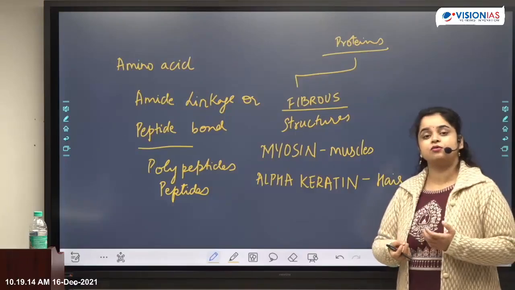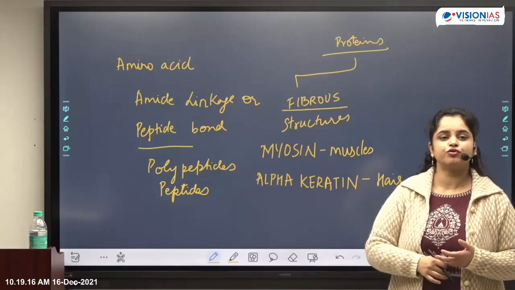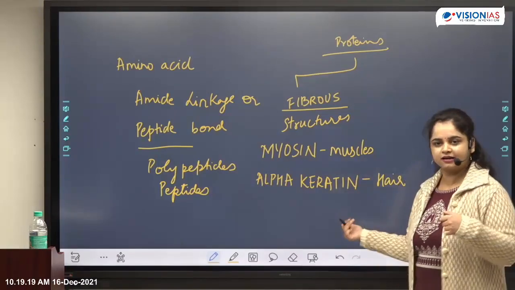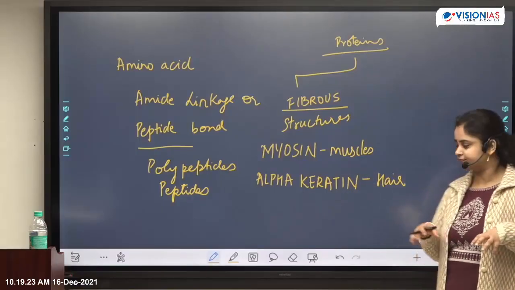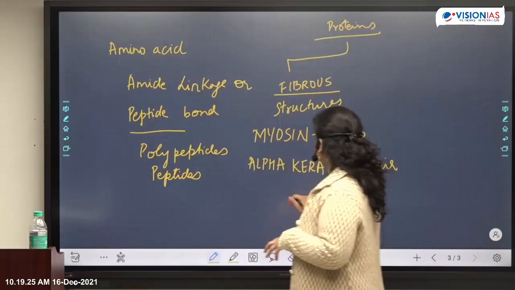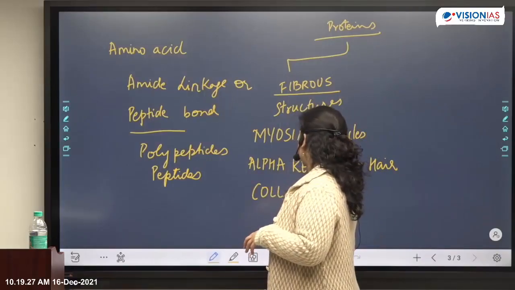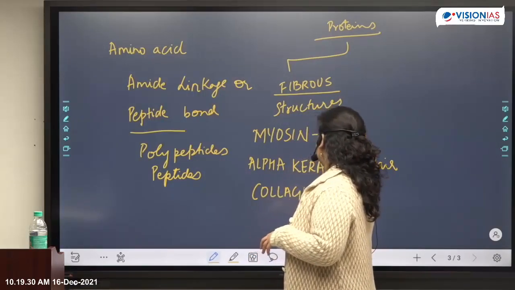Then if we talk about other birds and animals, so the horns are alpha keratin, the claws of birds, they are alpha keratin. And in the skin we have collagen.